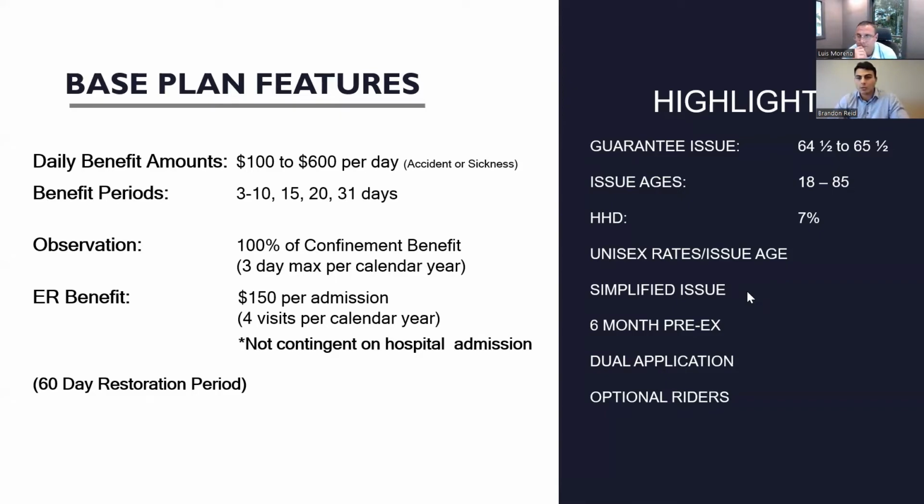You're asking them these questions because if you don't, and if you start white sheeting these applications and sending them in and getting them approved, within that first year, we have what's called a contestability period, a 12-month contestability period. Most companies have a 24-month contestability period. During this time frame, the first year, Heartland National can look back at your client's medical records and see if they should have been issued the policy. If it comes up that the agent white sheeted the application, they could get in some trouble if they keep doing that, right?